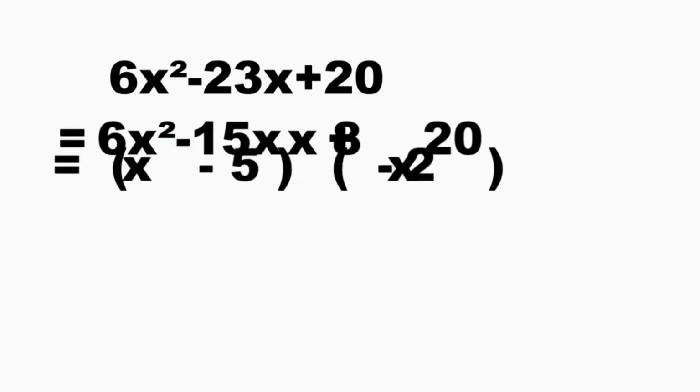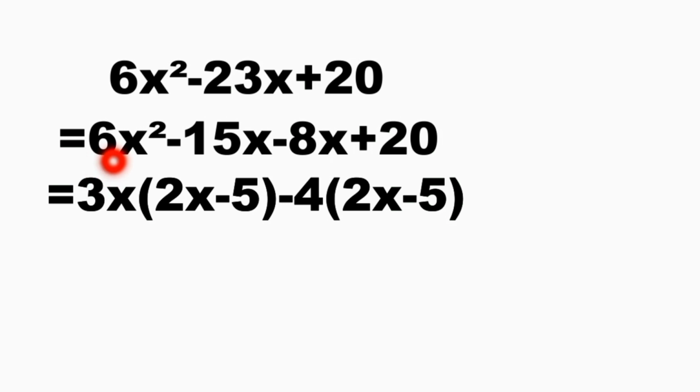Here we have a common factor of 3x, so 6x² divided by 3x is 2x. 15x divided by 3x is 5, and this is minus.